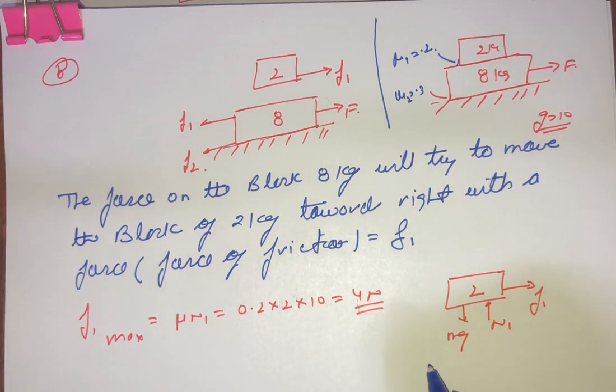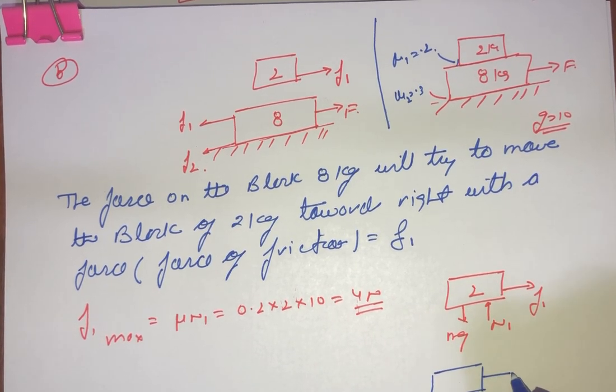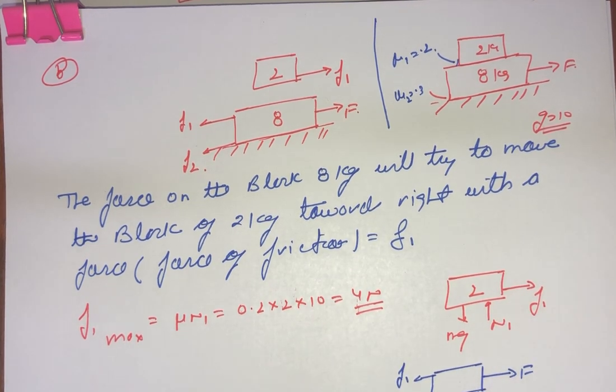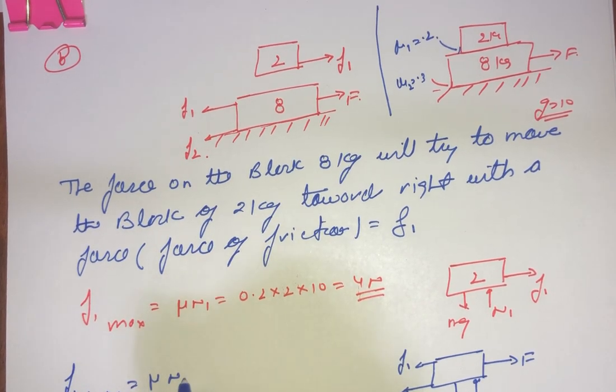Similarly, we can find out for the second one also. There will be mg in the downward direction, N2, and there is a force F, and there is F2, and obviously there will be F1. So here N2, we can write F2 max is equal to mu into N2.